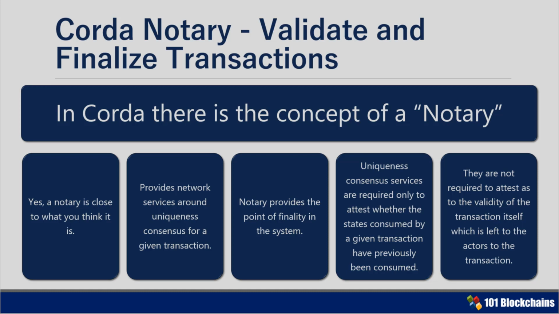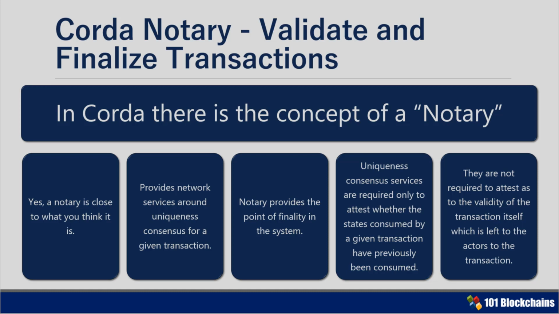Now, at least in the Western world, typically a notary is, let's say, a person. This person is going to look at documents, look at your ID, and validate that you are you, or validate your documentation and say, well, this looks like it's valid, and I'm going to attest that it is valid.